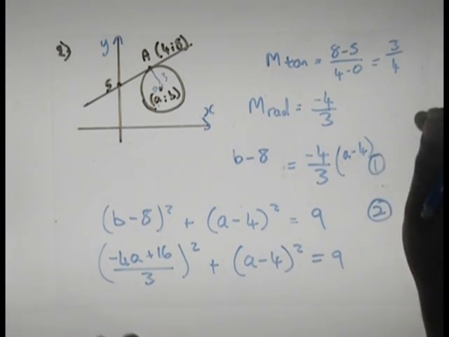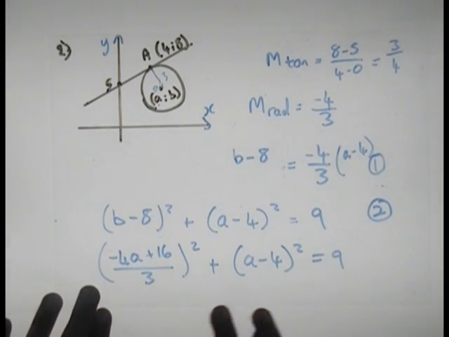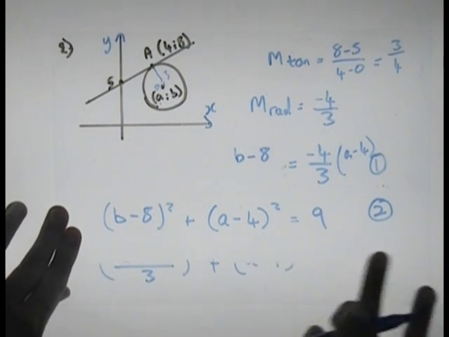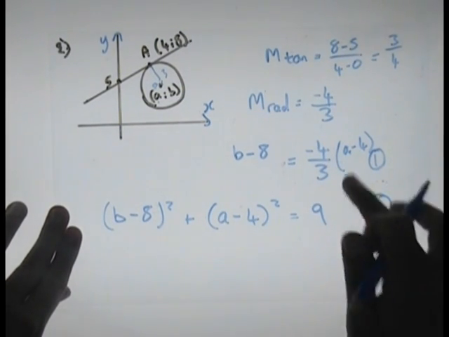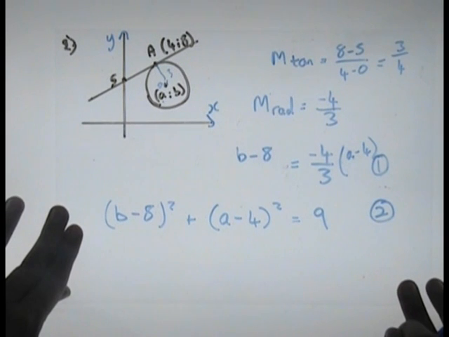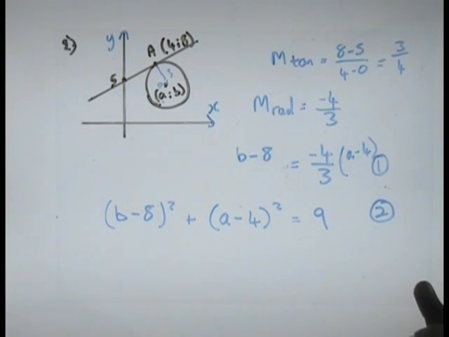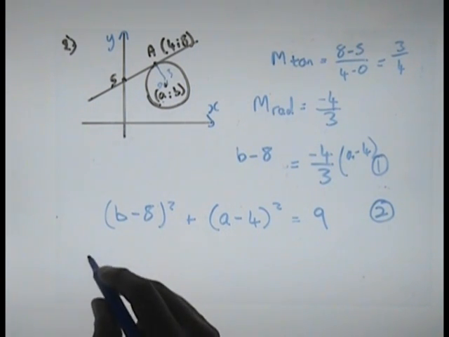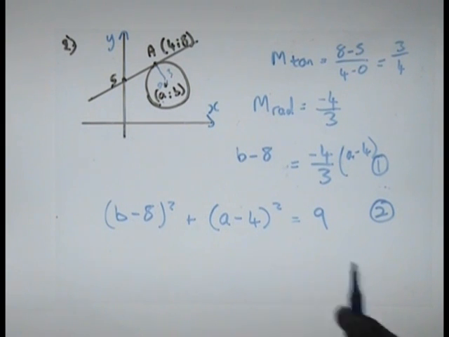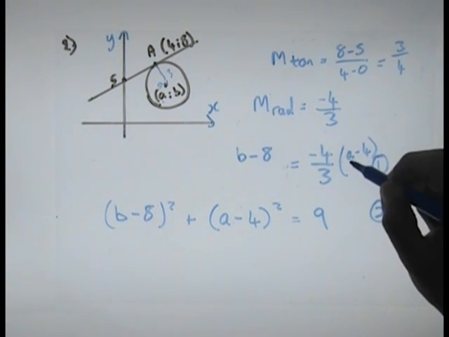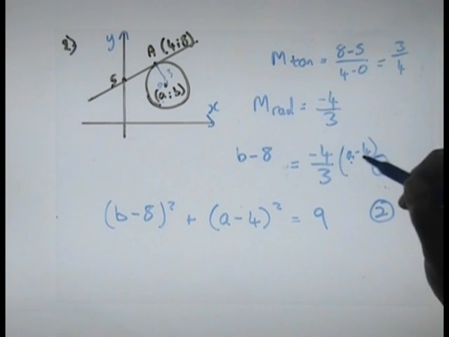Now to get my corresponding B value, I'm going to substitute that A value that I've calculated into one of these equations. Remember that there are two possible B values. The first B value is going to happen when A is equal to 6.2.